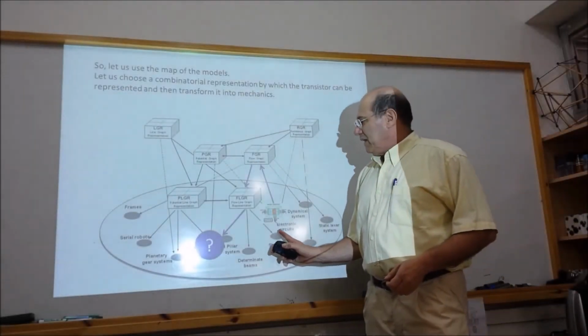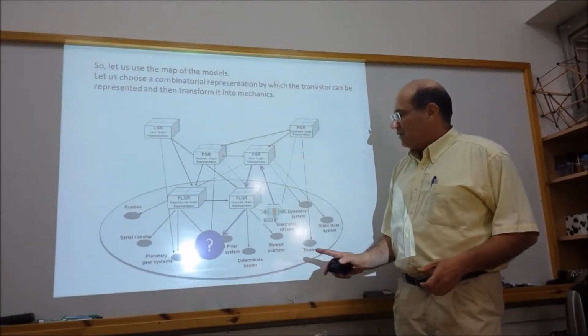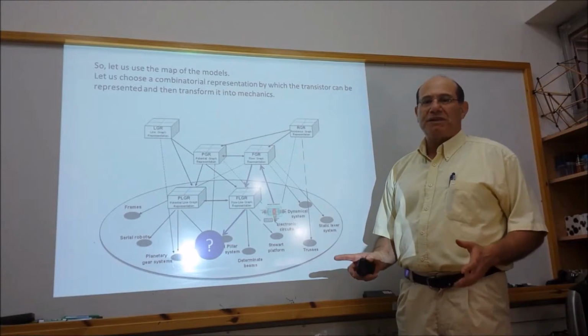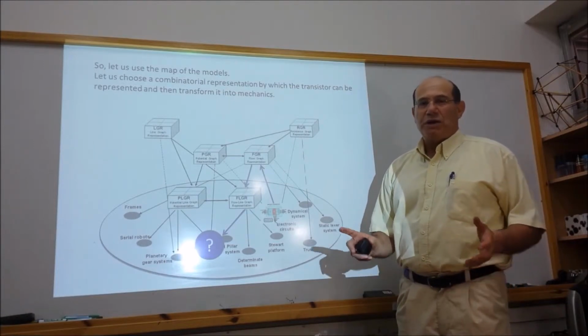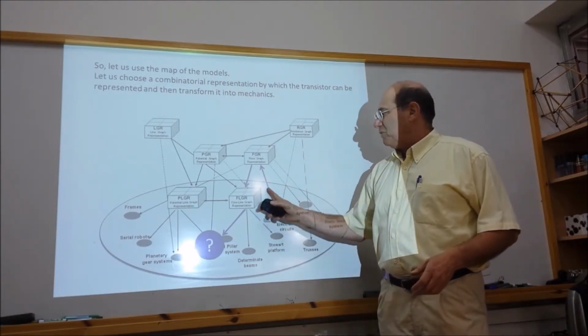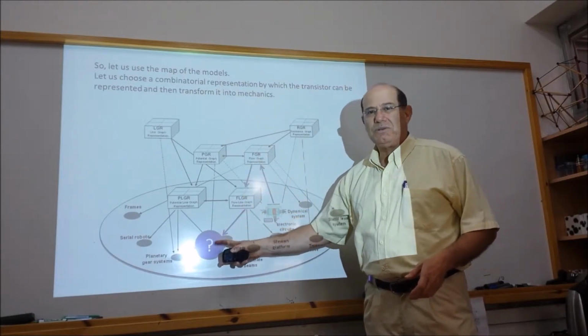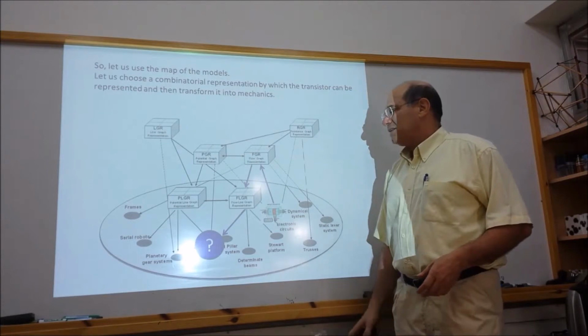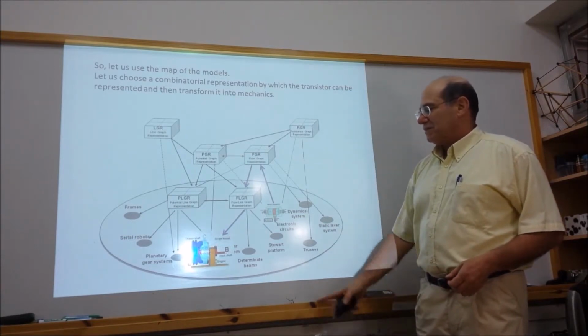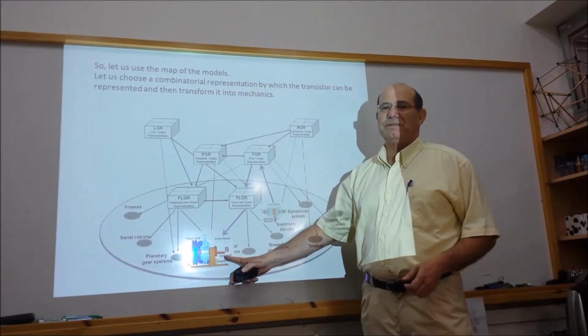So we are now ready to see what came out from the transformation. We have the transistor, we moved it up, then through the representation, and now we can see this is a mechanical transistor. We are happy to introduce it.